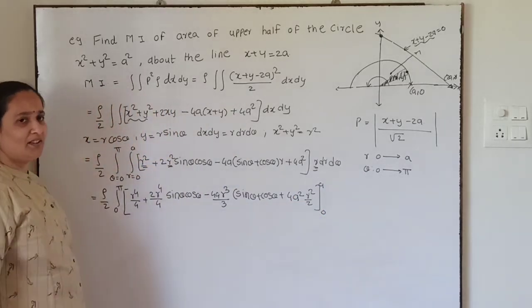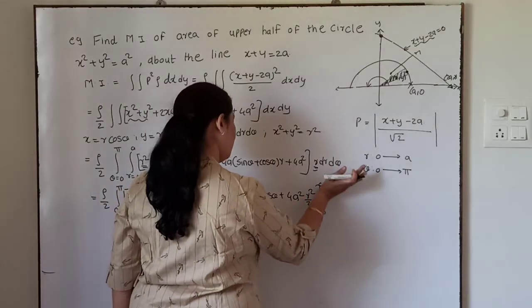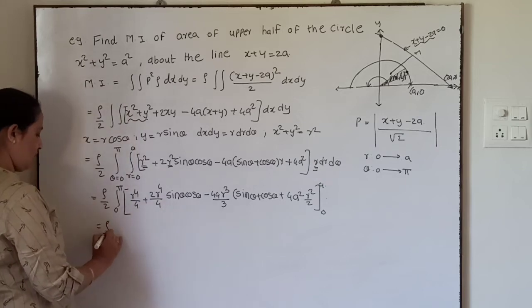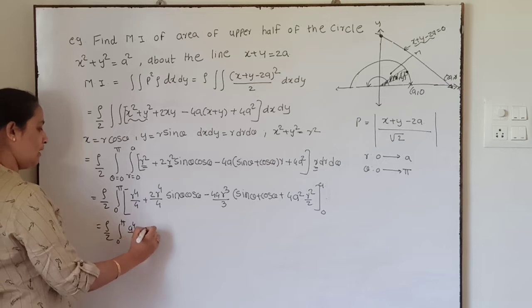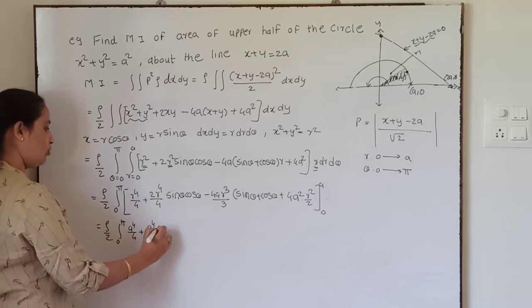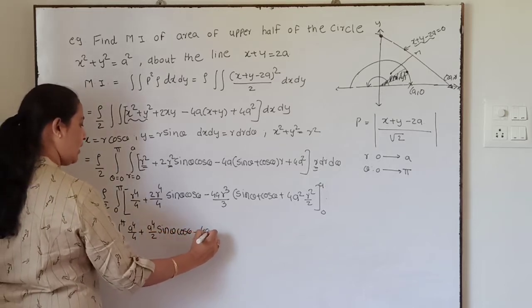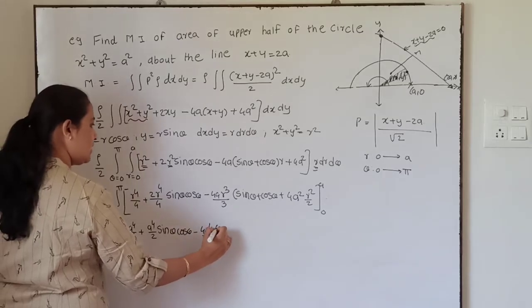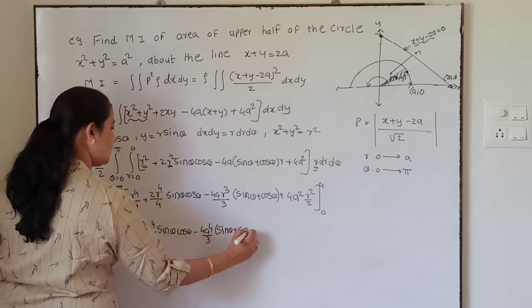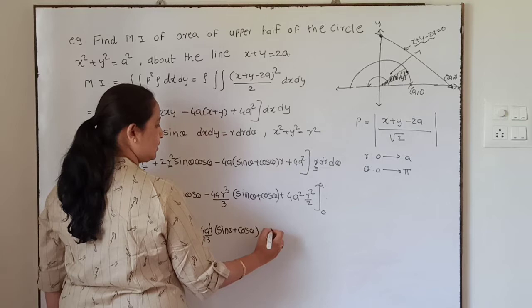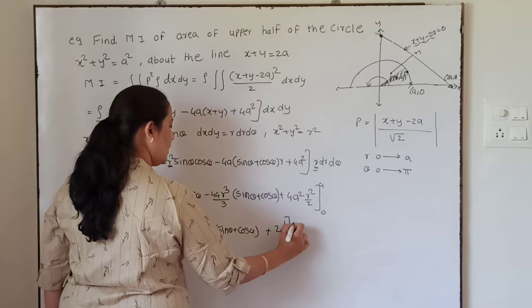Now applying limits, rho by 2 integration from 0 to pi: a raised to 4 upon 4 plus a raised to 4 upon 2 sin theta cos theta minus 4 a raised to 4 upon 3 sin theta plus cos theta plus 4 a raised to 4 upon 2, that is 2 a raised to 4, d theta.